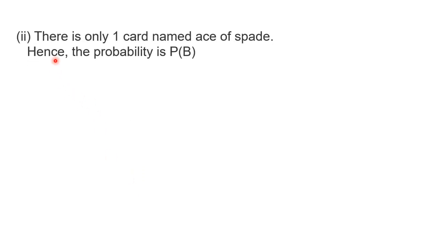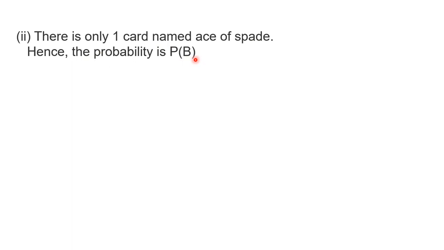Similarly, for the second one, the card drawn from the 52 cards is the ace of spade. Let the probability of getting the ace of spade card be PB, as we wrote PA for the first event.